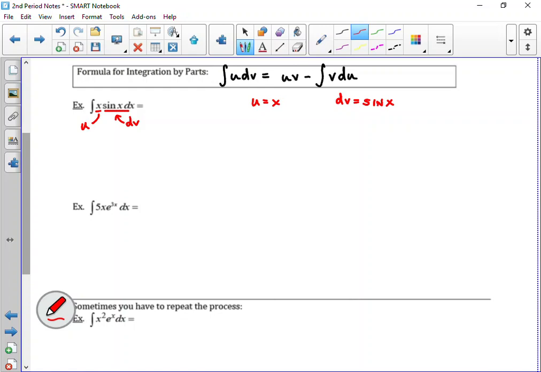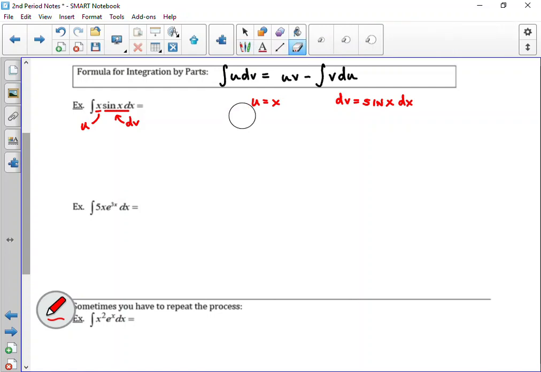Technically it has a dx here, but you don't need it if you don't want to. What are the other components of this formula that I need? I have u and dv, which doesn't help me at all, right? I need v and I need du. So I'm going to find both of these.